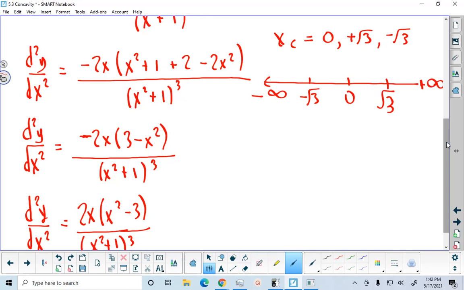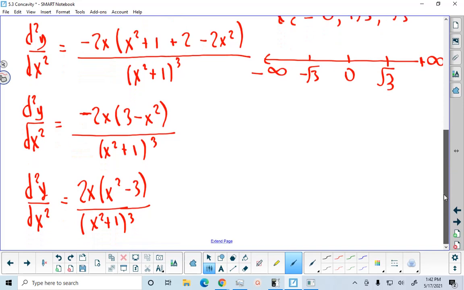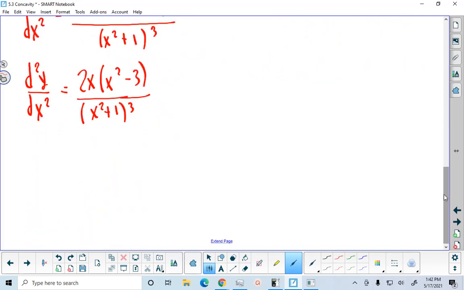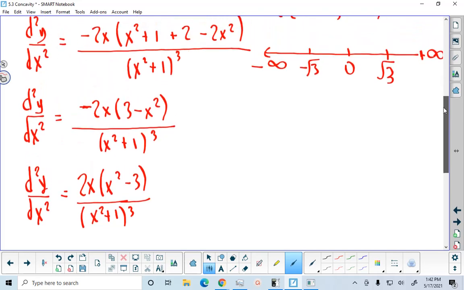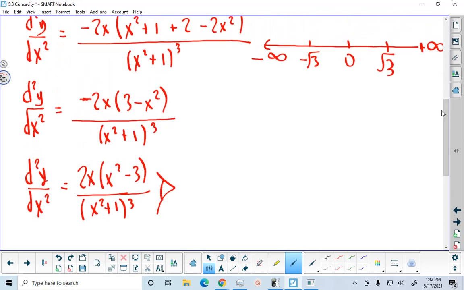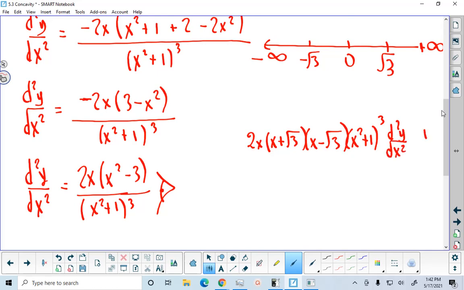Across the top, I'm looking here. I'm not looking at the line above it. Across the top, I'm going to have 2x, x plus root 3, x minus root 3, x squared plus 1 cubed, my second derivative, and what it's telling me about the function. All right, here we go.